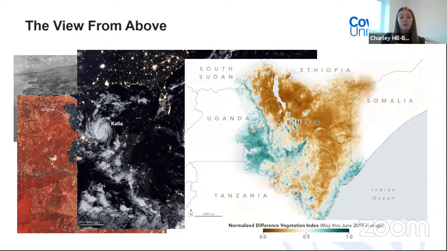But what we can also do with geospatial technologies is break that down, use the numbers that sit behind that, the information that sits behind that to work out really quite important information, in this case at a regional or a kind of national scale, about how healthy the vegetation is.